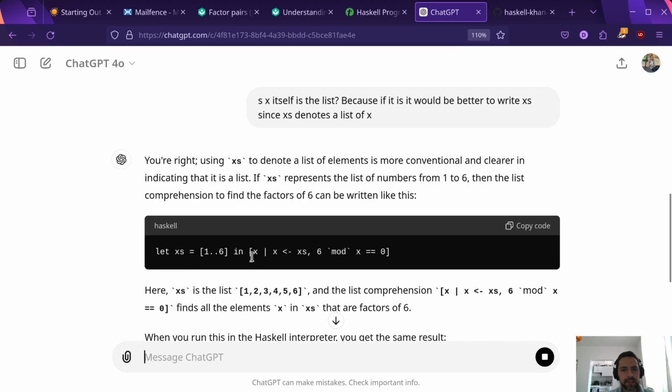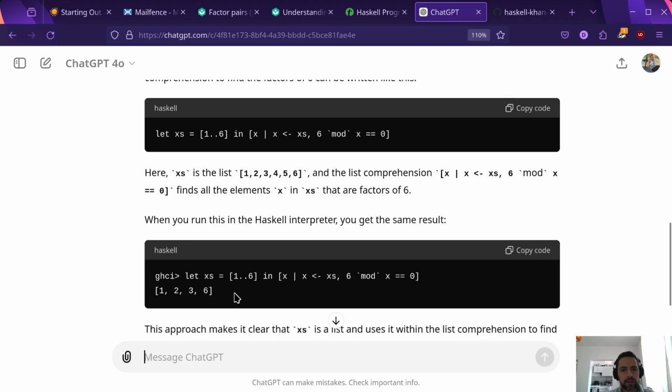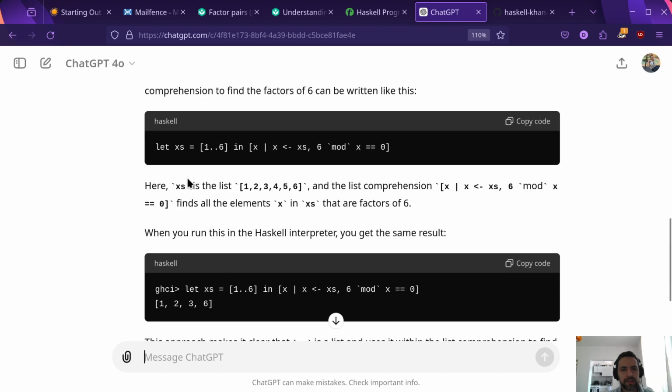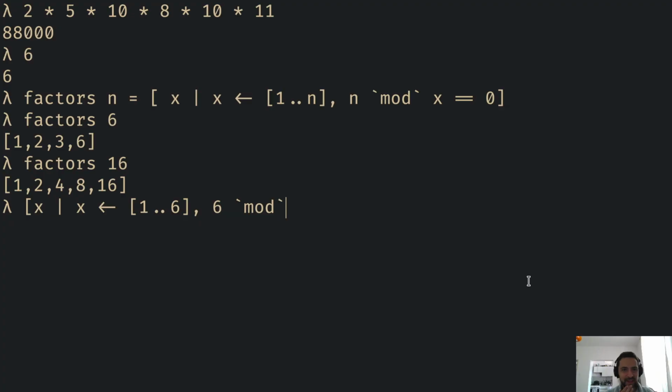Let x's in... oh, this is now using the let statement. Yeah, it would be nice to use lets. So the x's is the result, and into the x's we input the list of 1 to 6 and 6 mod x.